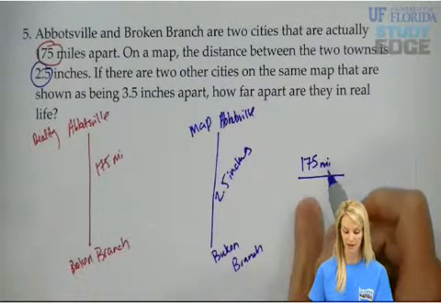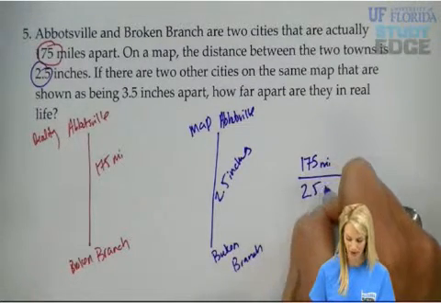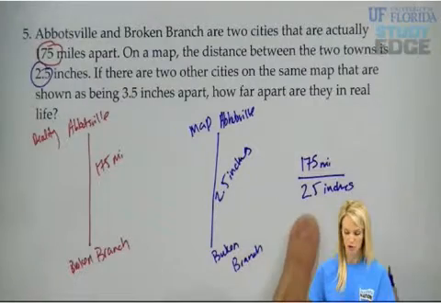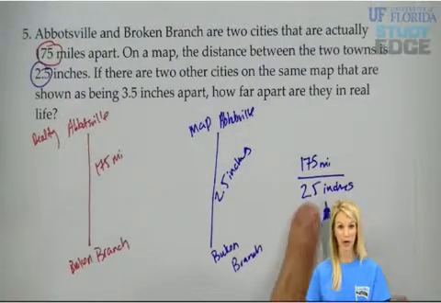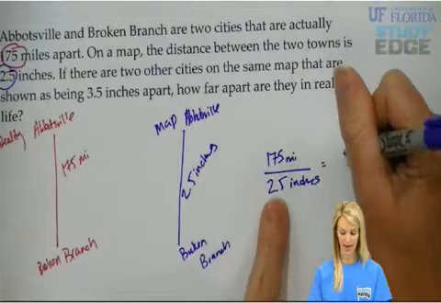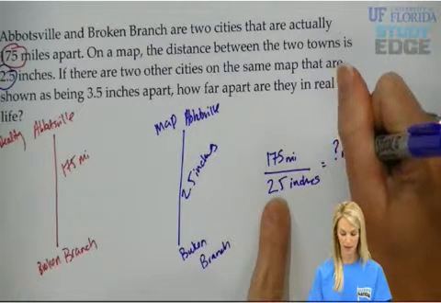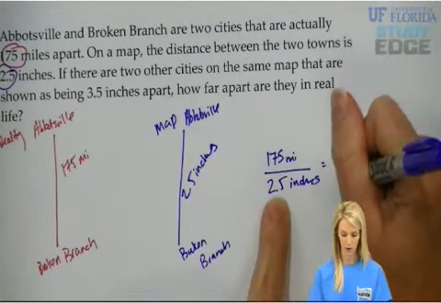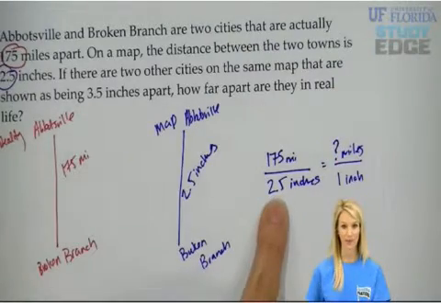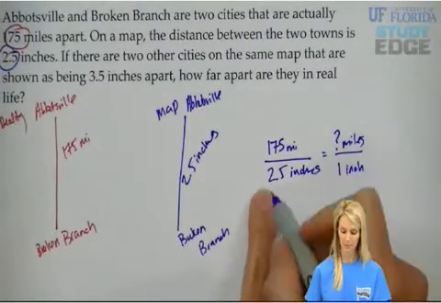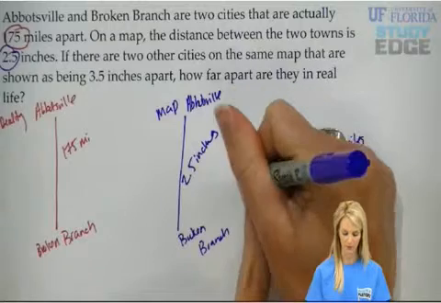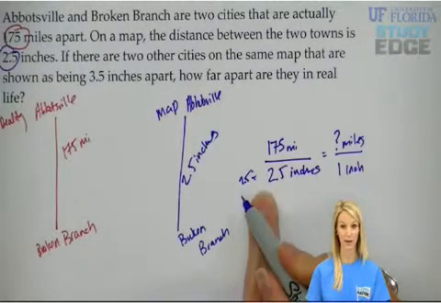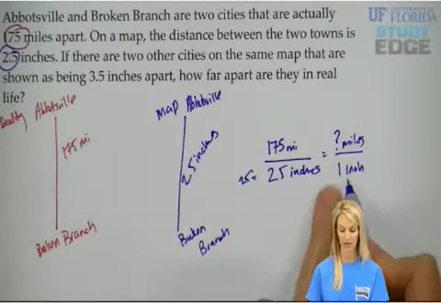I have 175 miles for 2.5 inches. Well, if I wanted to say how many miles per 1 inch, how would I get that? Well, what happens when I divide the bottom by 2.5? I get 1, right? 2.5 divided by 2.5 gives me 1.